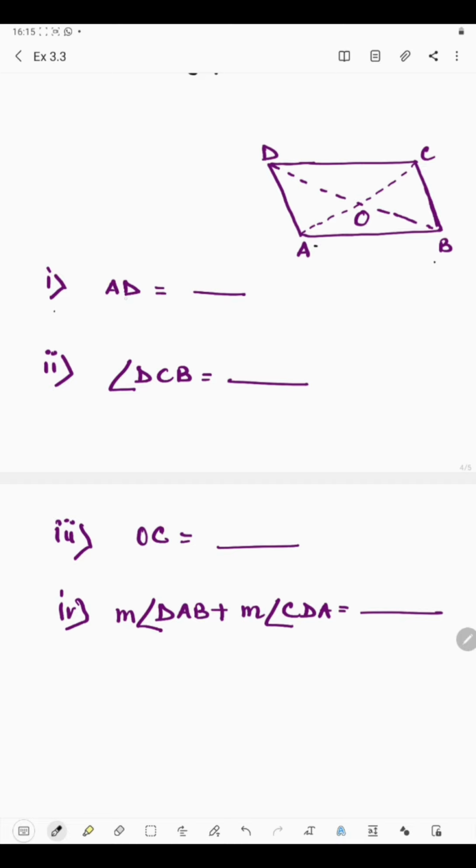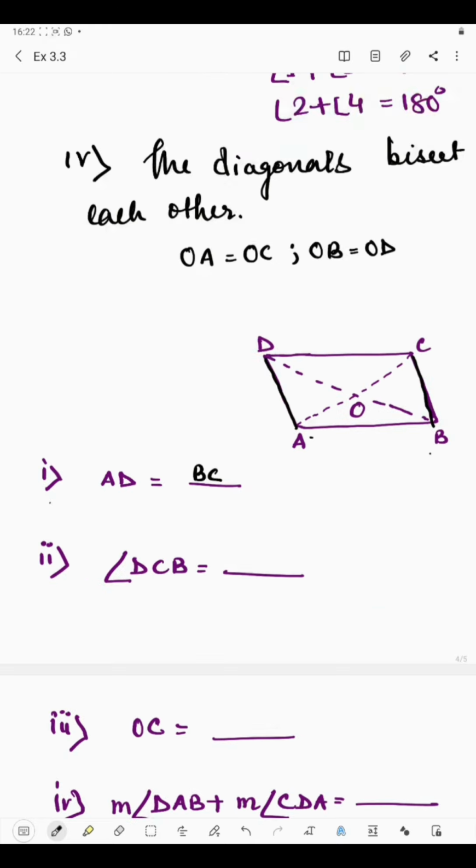Because according to the property, just now we have seen that opposite sides are of equal length. The opposite side of AD is BC. So we will write the property that opposite sides are equal.